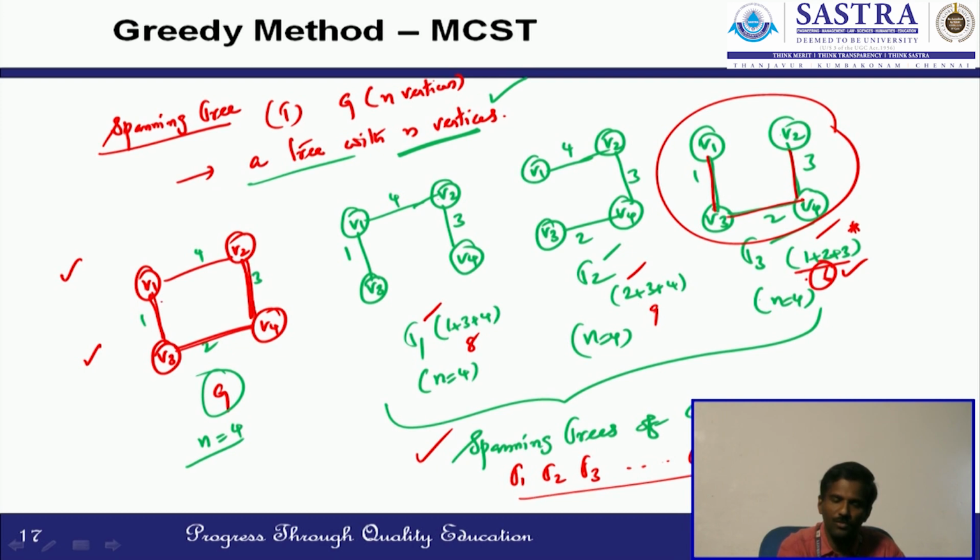So this solution vector is clearly a subset of the original problem, because the original problem edges are V1, V3, V3, V4, V4, V2 and V1, V2. Clearly the T3's edges are a subset of the original edges.